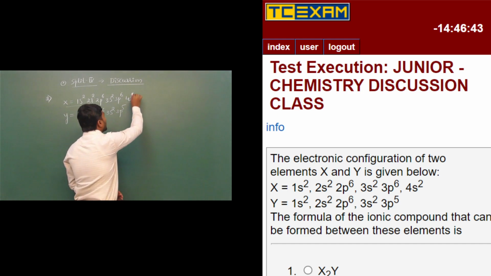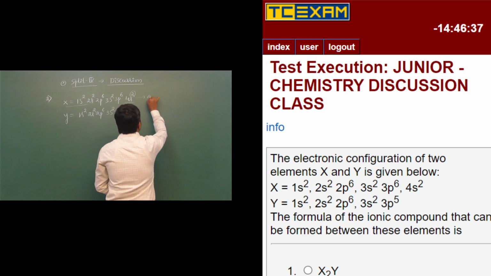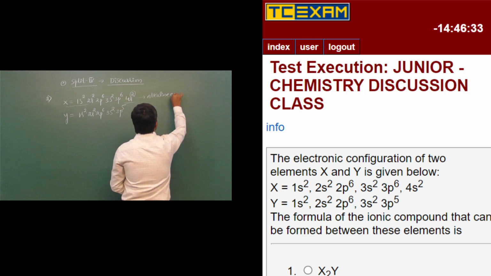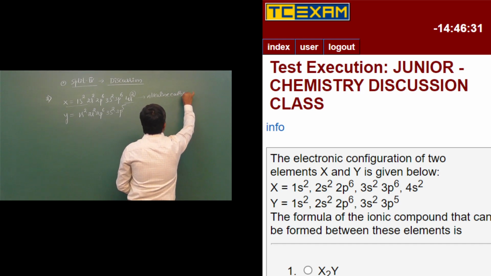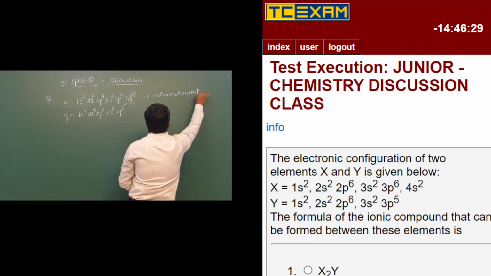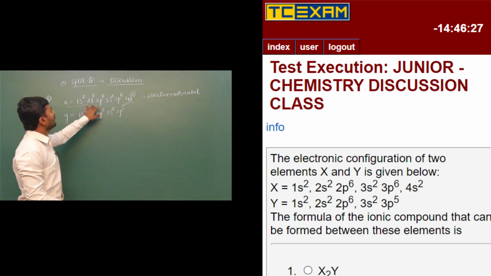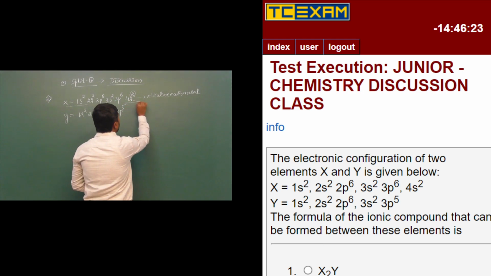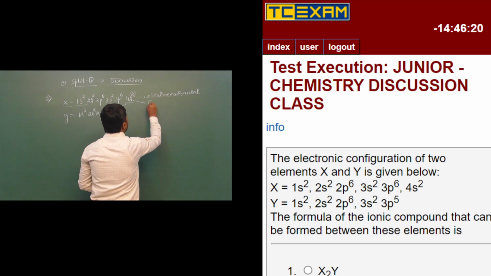Because of the presence of completely filled electrons in the valence shell, it belongs to alkaline earth metals. So 10 plus 8 plus 2 is 20. That means it is the electronic configuration of calcium metal.